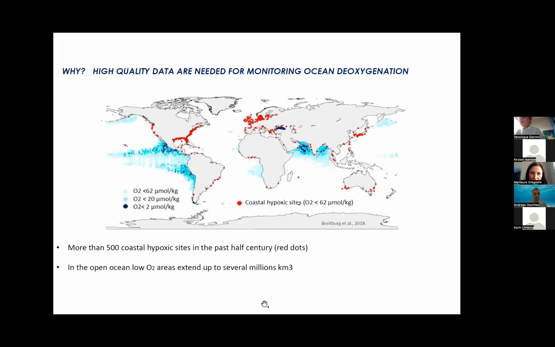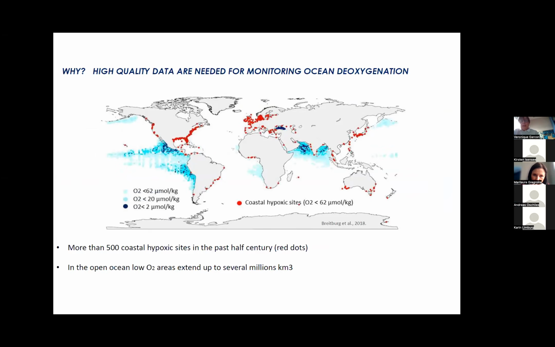As you all know, the ocean is losing oxygen. Andreas showed that picture. The red dots really show the coastal sites with hypoxia. And we know that since the 1950s, over 500 coastal sites have been identified with oxygen levels below 20% saturation, and the number has increased by a factor of 10 over the last 50 years.